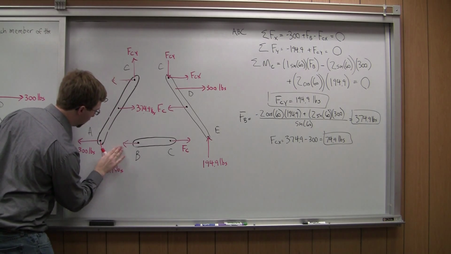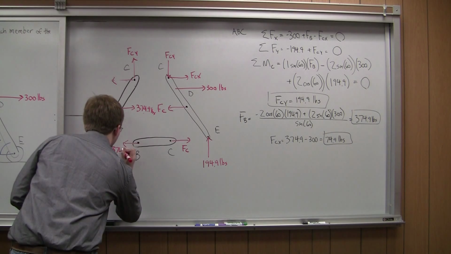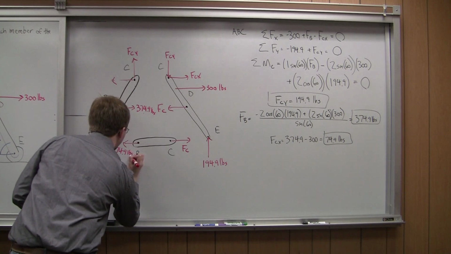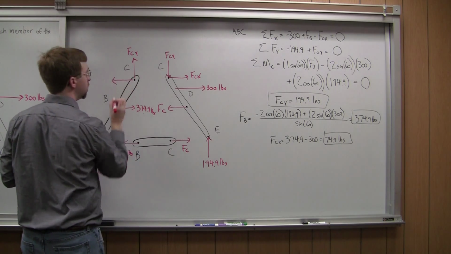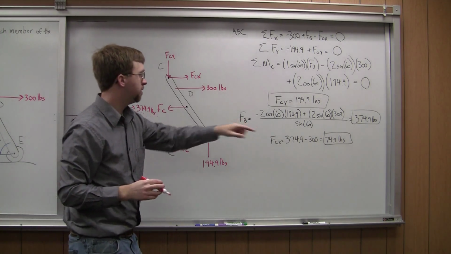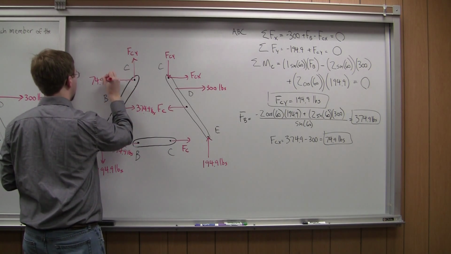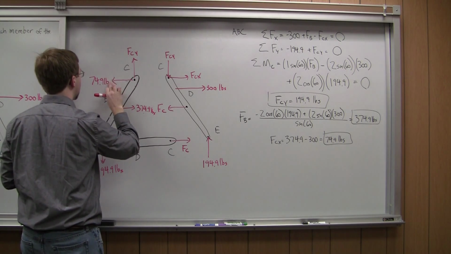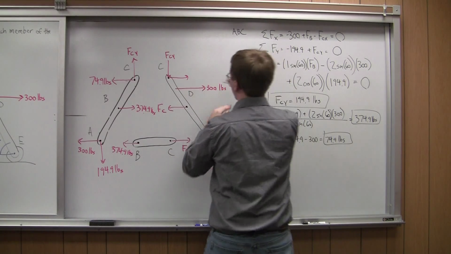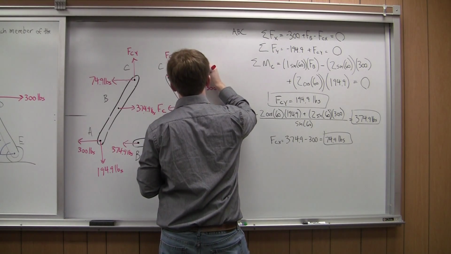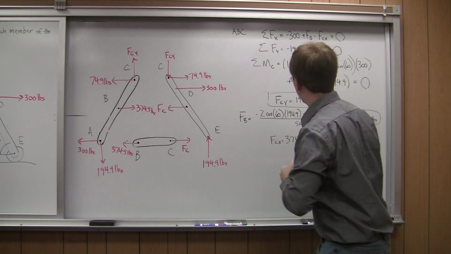And that is also acting on member BC. Up here, FCX, I found that number to be 74.9 pounds. So I've got 74.9 pounds here. And FCX over here will also be 74.9 pounds. They're pulling opposite directions though.